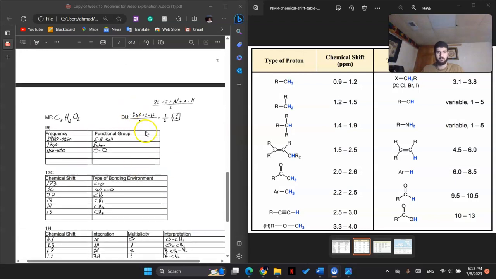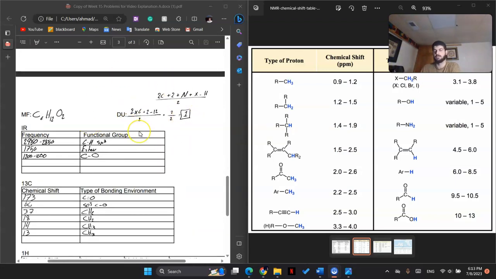Moving down, I started by calculating my degrees of unsaturation, just to know if my structure will have a double bond, whether it would be a C double bonded to an O or an aromatic ring. My degrees of unsaturation came out to 1, meaning that I must have at least one double bond in the structure.